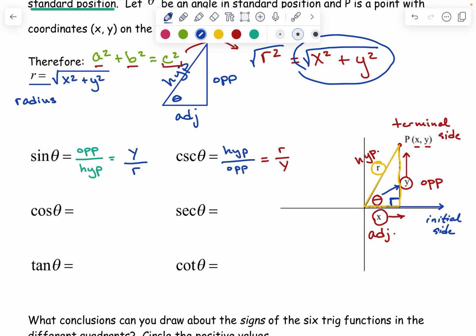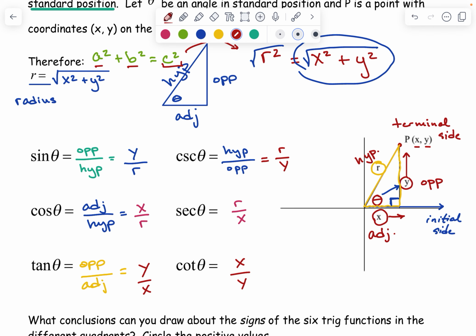Cosine is adjacent over hypotenuse, which is x over r. Secant is the flip of that because they're reciprocal. Tangent is opposite over adjacent, which here is y over x, and cotangent is the flip of it because it's the reciprocal.